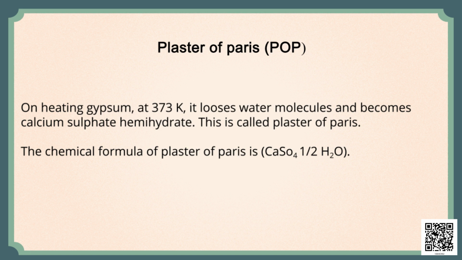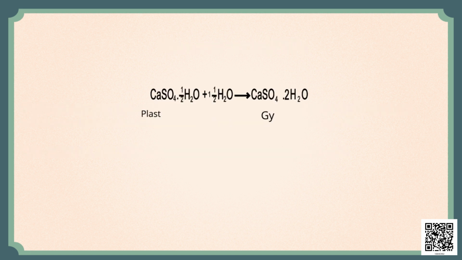The chemical equation for this is CaSO4.2H2O plus 1.5H2O gives CaSO4.2H2O, which is gypsum.